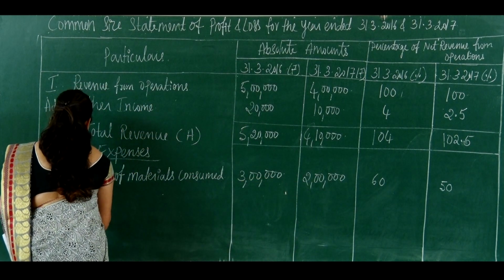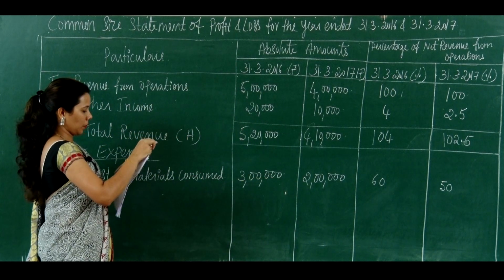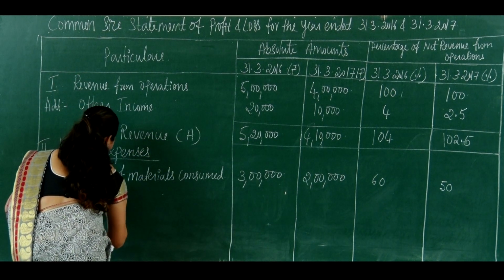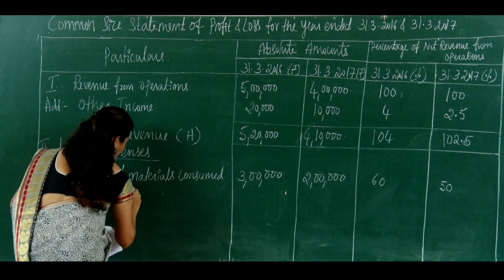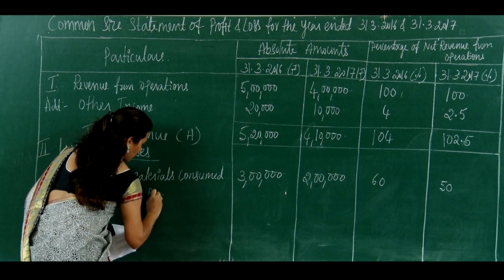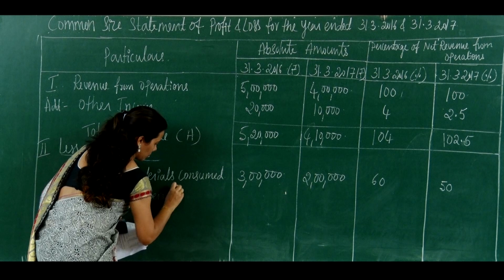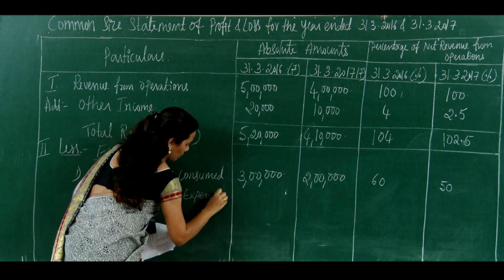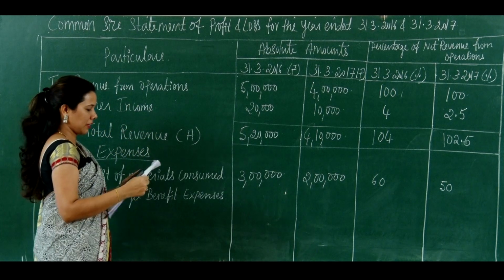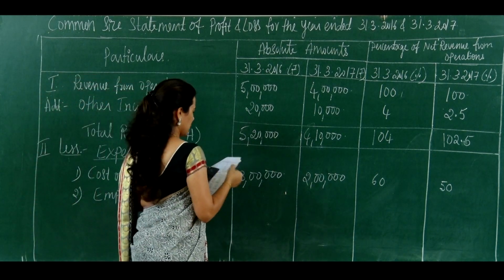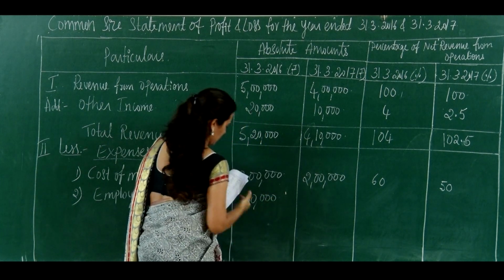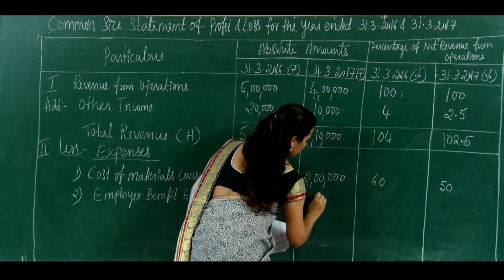Then the second expense, employee benefit expenses: 60,000 and 40,000.